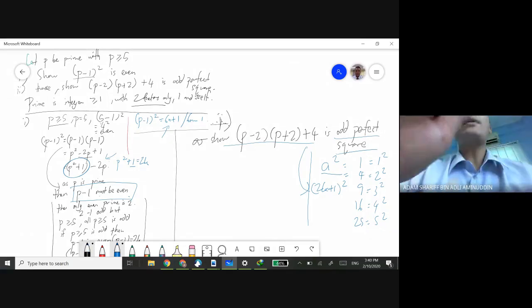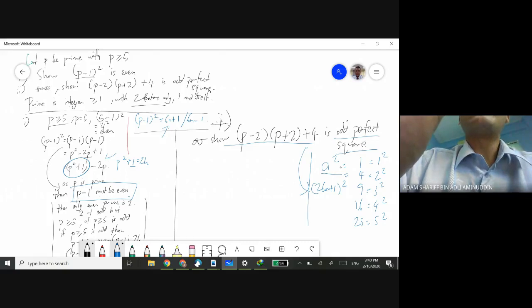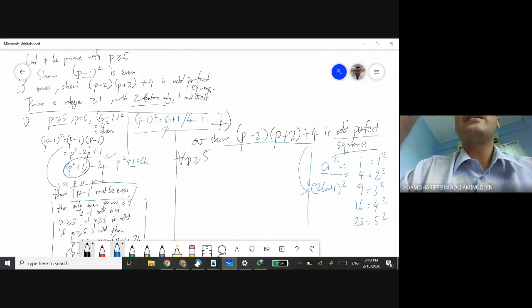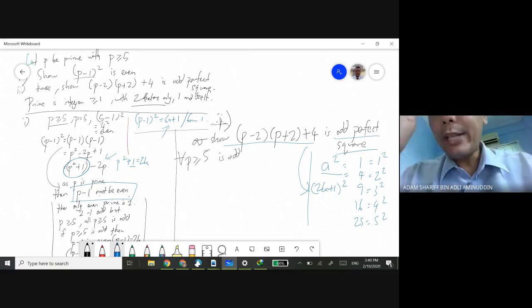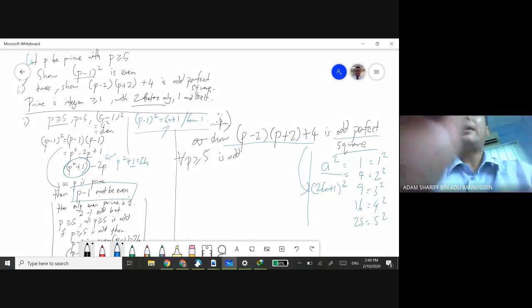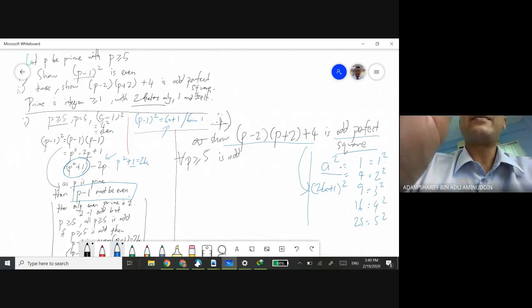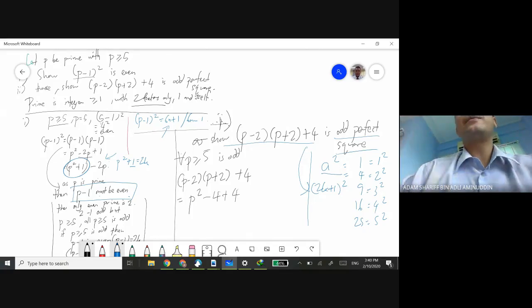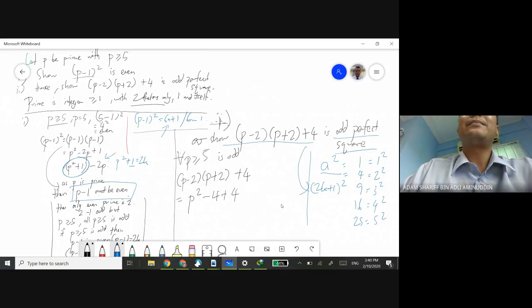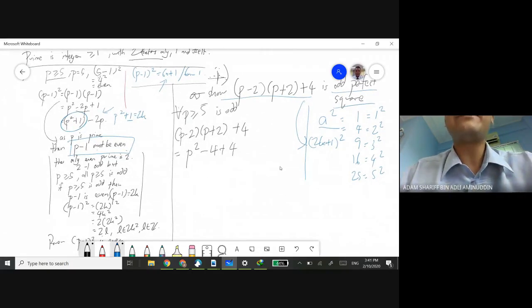All right. Right now the thinking is that all p larger than 5 is odd. By using this knowledge, okay, let me think. This is p minus 2 times p plus 2. So p minus 2 times p plus 2 plus 4 is equivalent to p squared minus 4 plus 4. Okay, algebra.